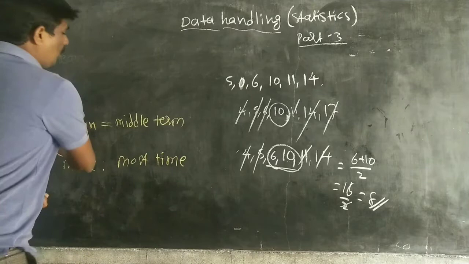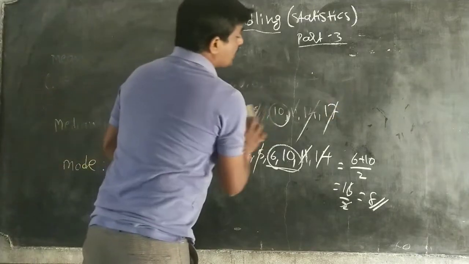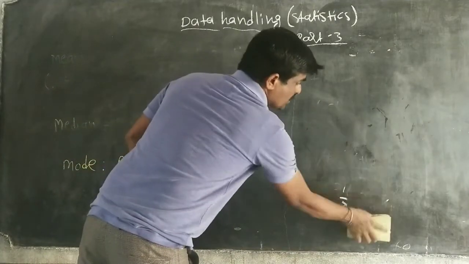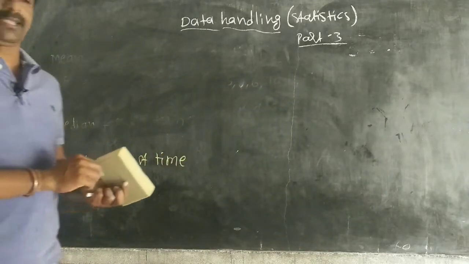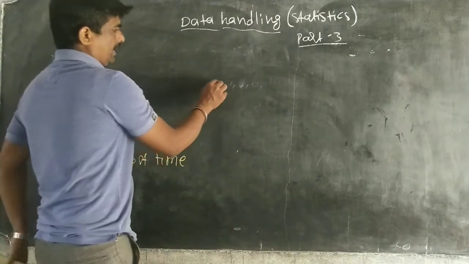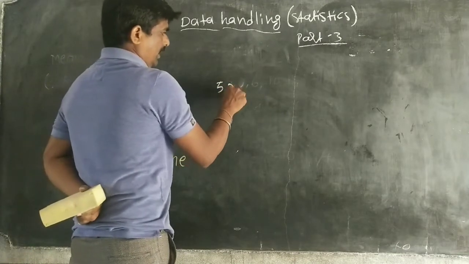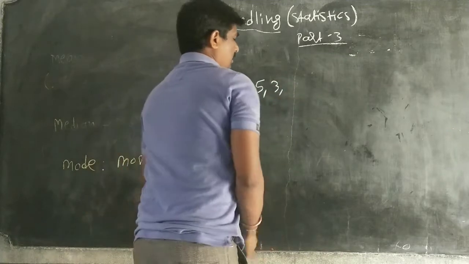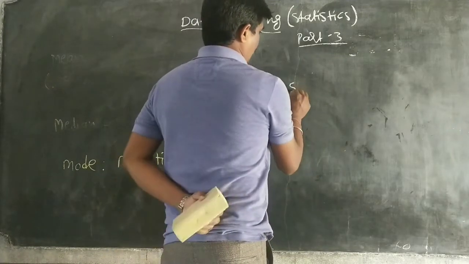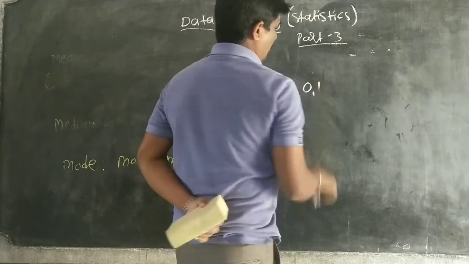Next, mode. What is mode? Mode means the most frequently occurring term. For example, take one data: 5, 3, 4, 5, 3, again 5, 0, 1.